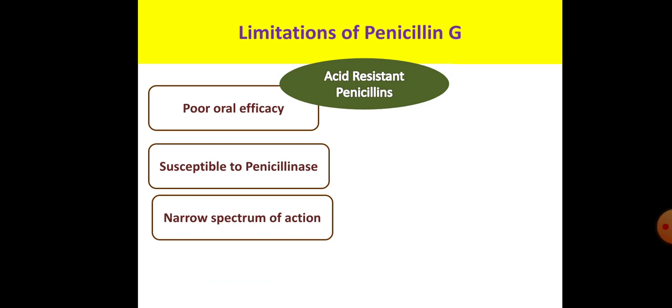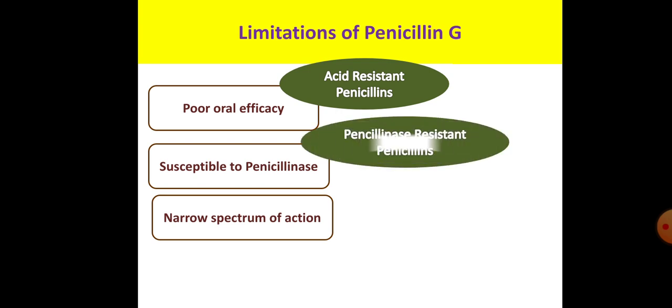Now we come up with a penicillin product which is highly resistant to the penicillinase produced by the microorganism. So these are penicillinase resistant penicillins. Then the story lasts long, but that I will tell you in subsequent classes.